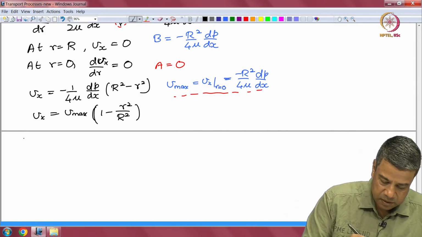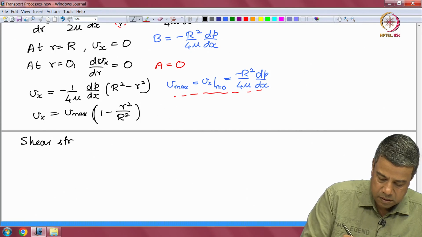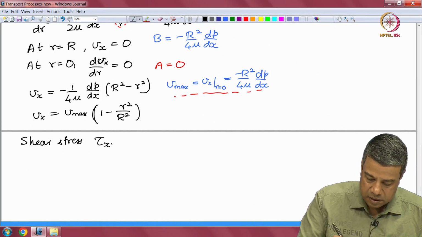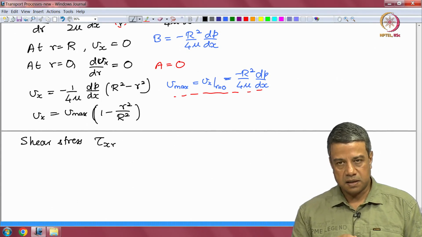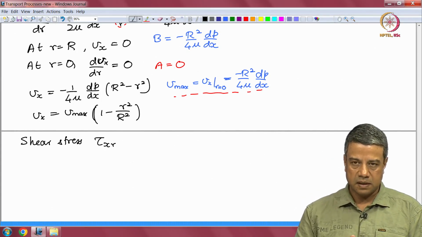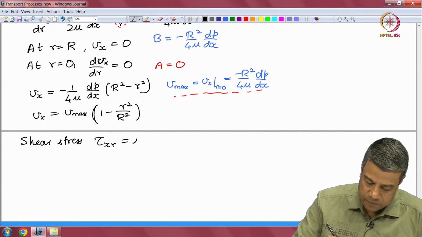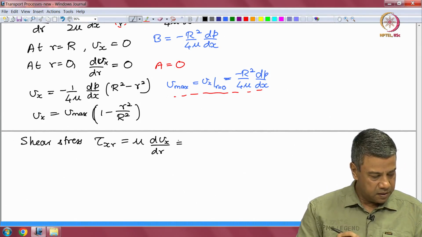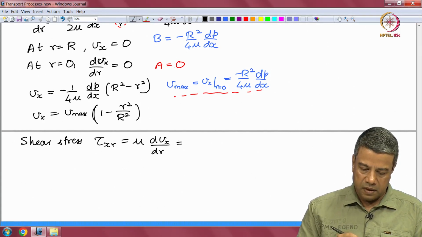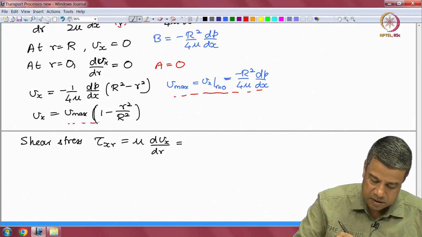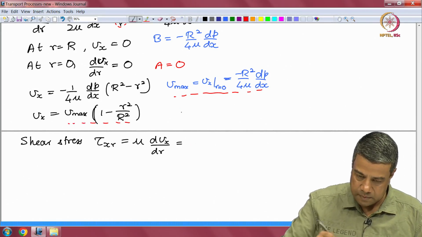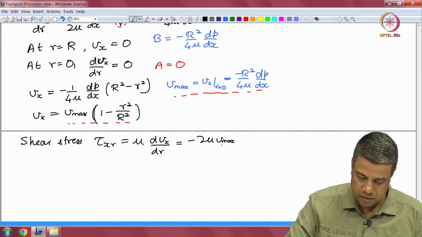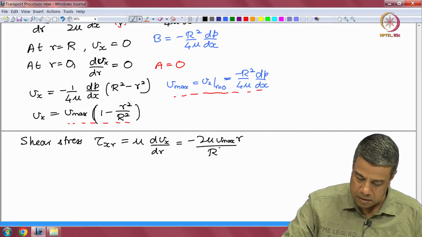The shear stress tau x r, force per unit area in the x direction acting at a surface whose outward unit normal is in the r direction, is equal to mu times dVx by dr. If I were to express this in terms of Vmax, I would get this equal to minus 2 mu Vmax into r by R square.